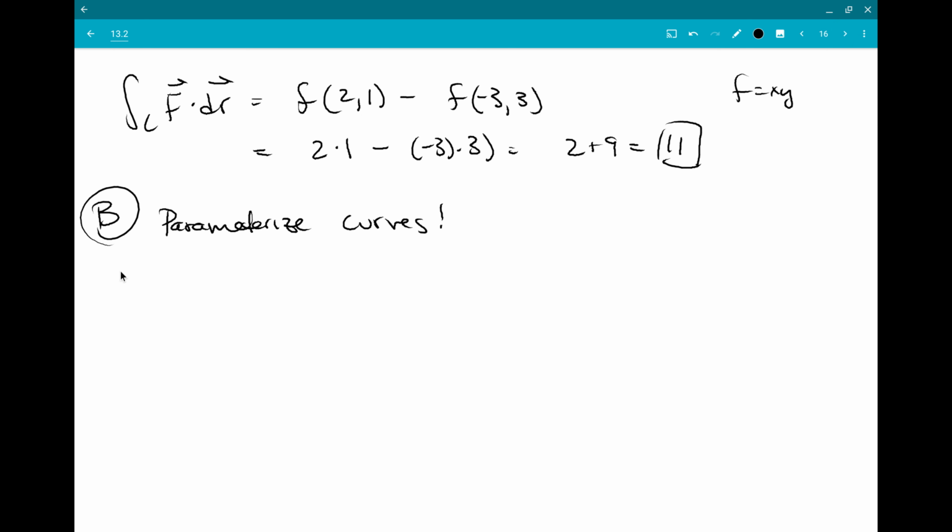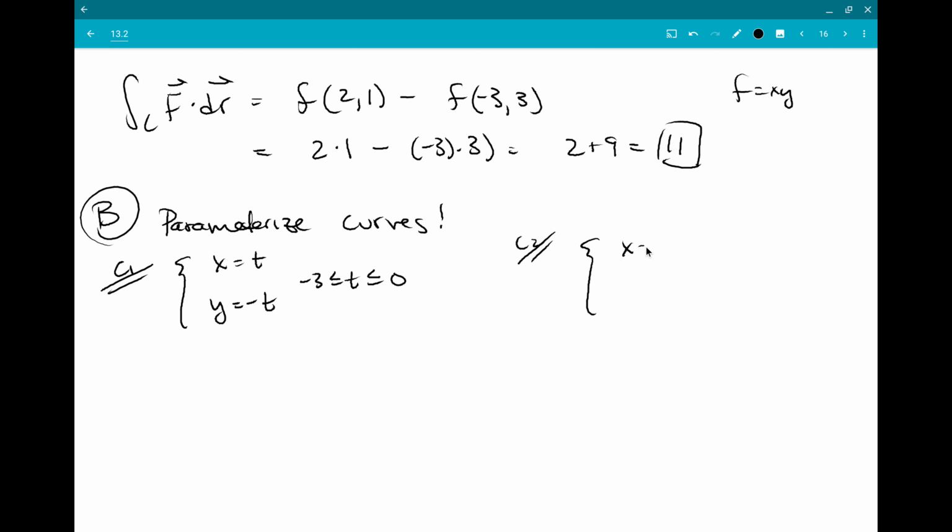But I'm not going to take your time, again, showing you the two different parameterizations. I'm just going to recall that we had x equal to t, y equal to -t for -3 less than or equal to t less than or equal to 0.